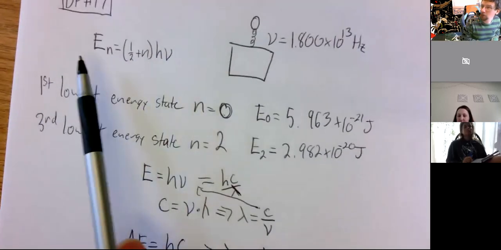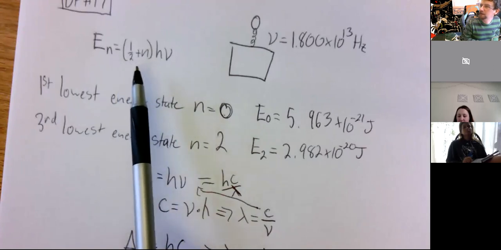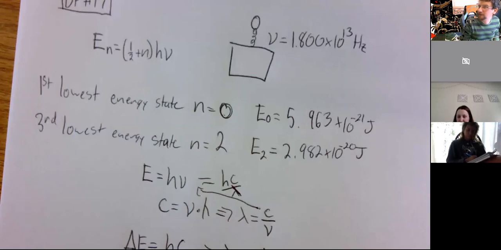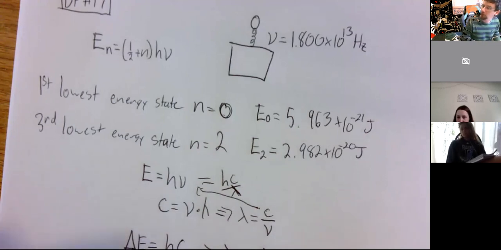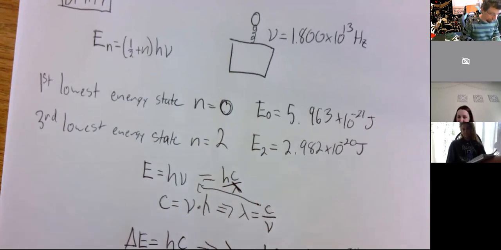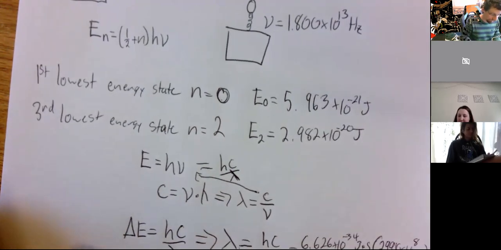But for a particle in a harmonic oscillator, since we have this expression, n can actually be 0, and it still results in an energy value. So I'm guessing that's where you probably messed it up. Am I right? Yep. Okay. Don't worry, that's not a big deal. It'll be a little bit off, but not a ton.